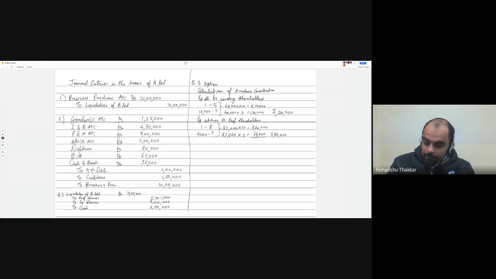See, they have said in the second point, absorption expenses of 14,000 were borne by Senior Limited. So this is the additional amount that they are paying. The cash for paying such expenses is borne by Senior Limited, the purchasing company.